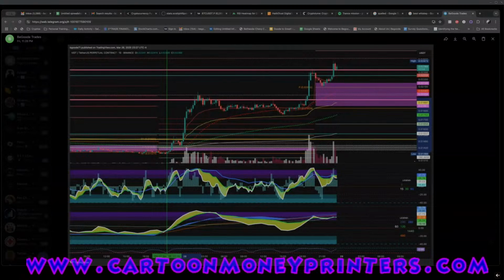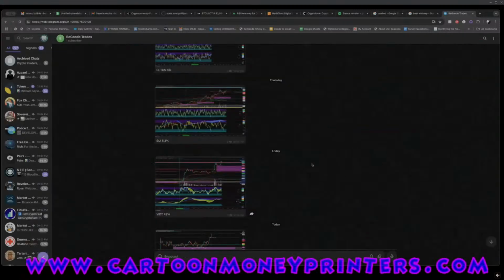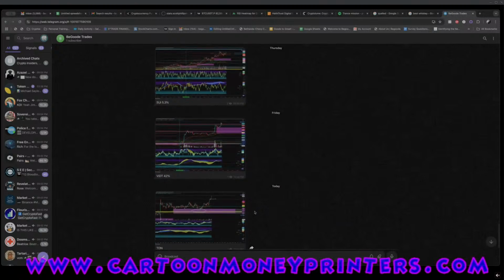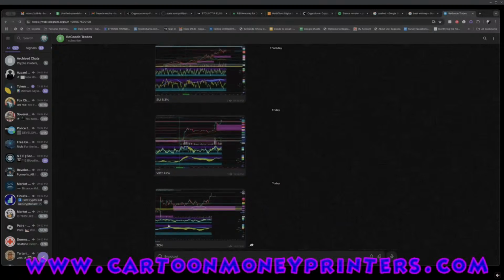And that went through all the pivots, 1, 2, 3, 4, 5, 6, and then it went even past it up to the monthly DeMark up here. It was a good TP. All right, so that was VIDT, a 42% move after getting through there. And this was the latest one.